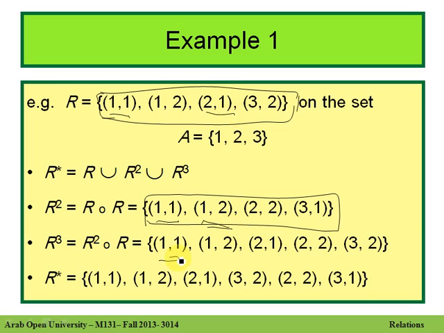Again 1 comma 1 it is. Okay. It is 1 comma 2, then you have 2 comma 1. Then it is, okay, 2 comma 2. 1 comma 2.